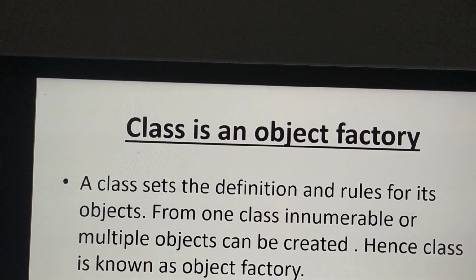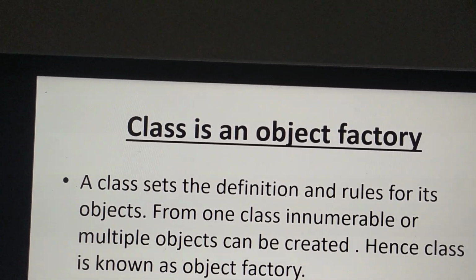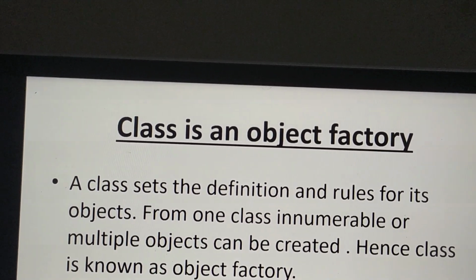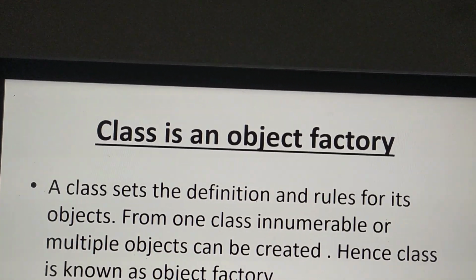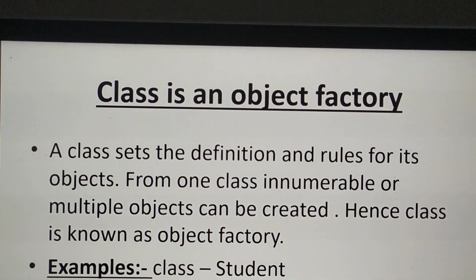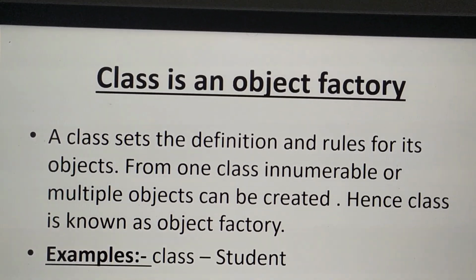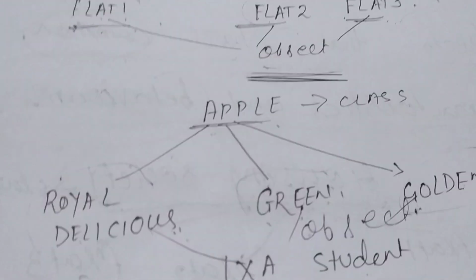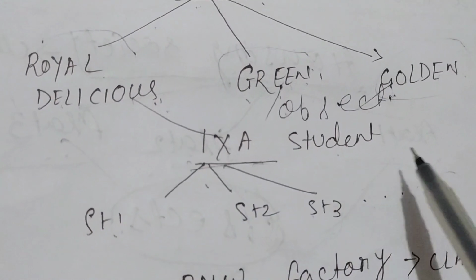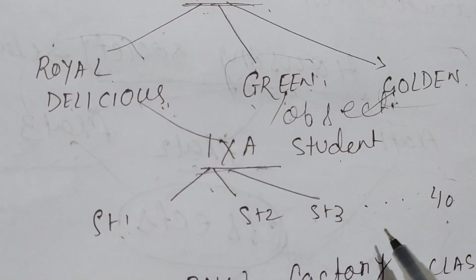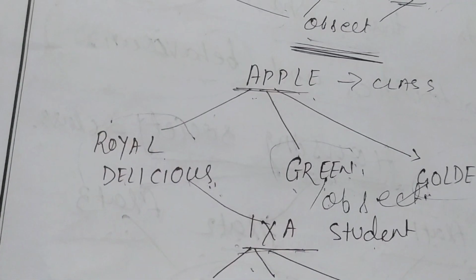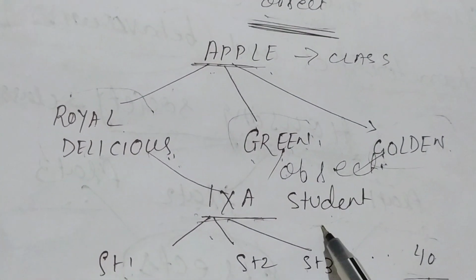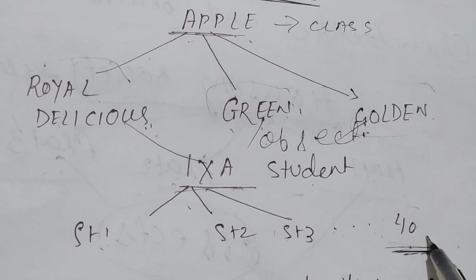Just like a factory, the class creates multiple objects. For example, in the 9th A student class, we create student 1, student 2, student 3, up to 40 student objects. So the class is a factory from where we can create multiple objects.